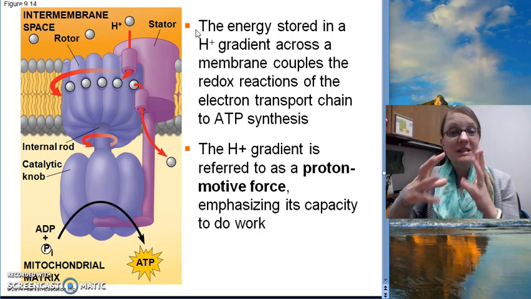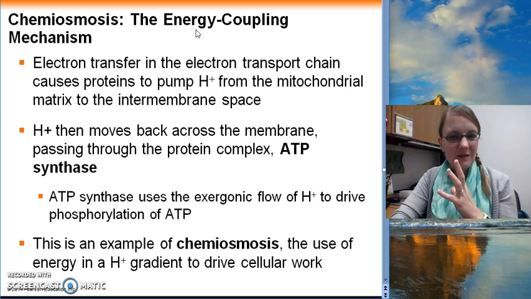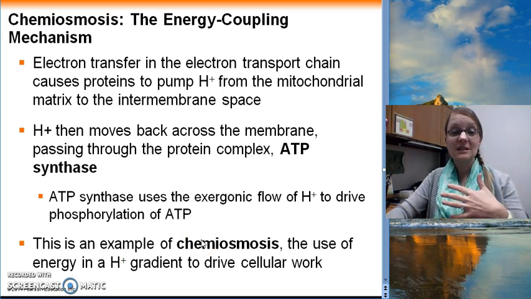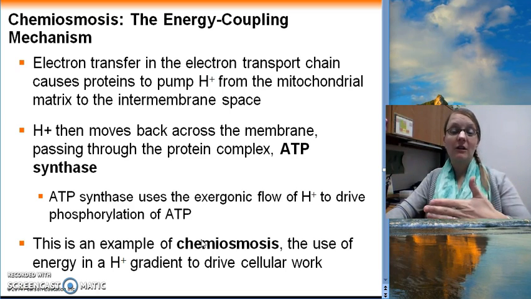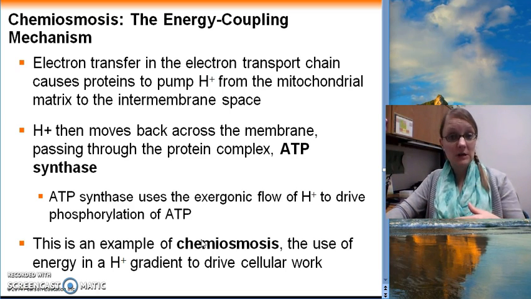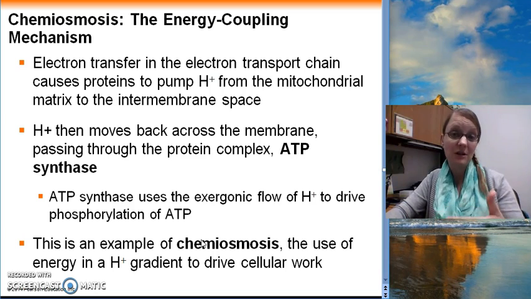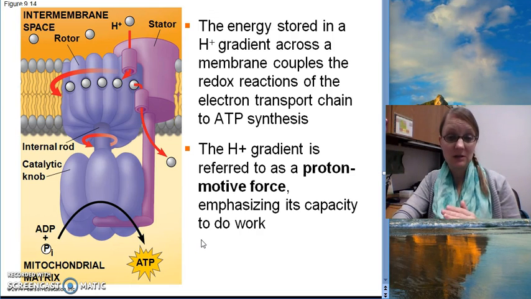So we have two very similar words, right? On the previous slide, we have the word chemiosmosis. This is actually the action of using the proton motive force to do work, or the action of using that high hydrogen ion concentration to do work. That's chemiosmosis.